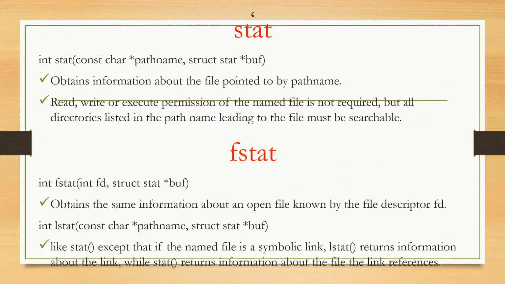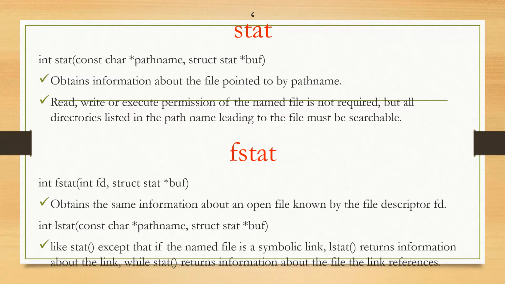We will discuss stat. Int stat contains two parameters. One is a constant character pointer to the path name. The second one is a structure of type stat. This function returns an integer value, and it contains information about the file pointed to by the path name.